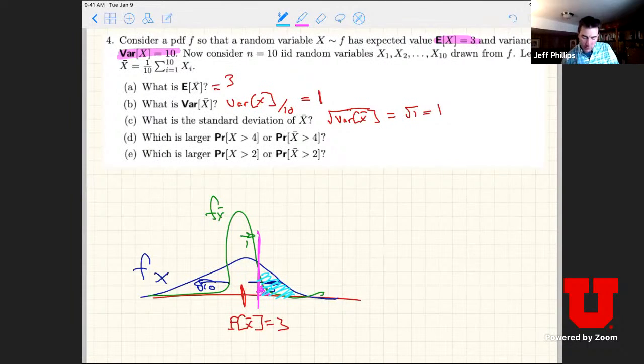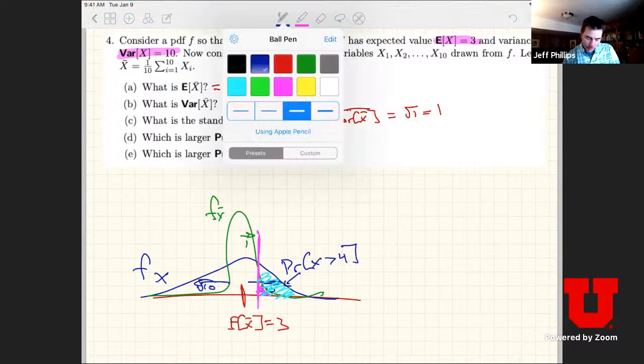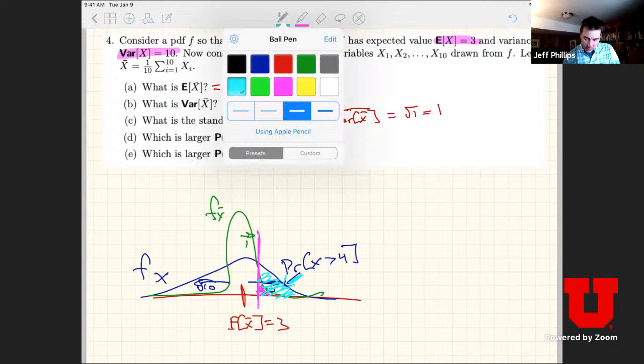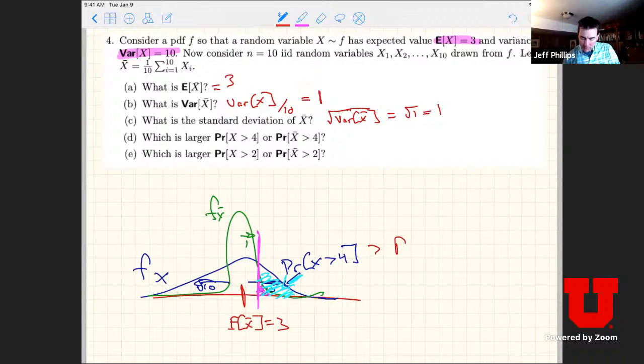So we can say that the probability of x greater than 4, this light blue region, is going to be greater than the probability that x bar is greater than 4. This corresponds with this little pink region in here.